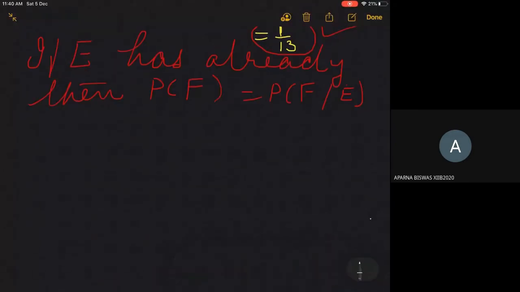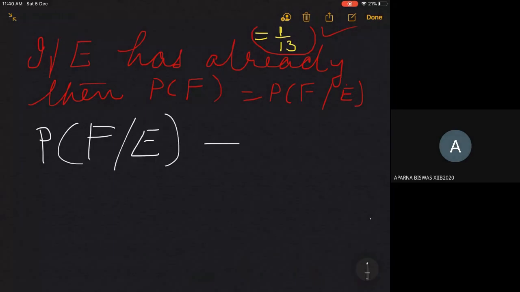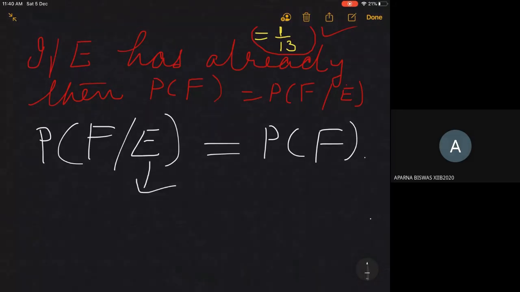So P of F given E is the same as P of F. That is, if E happens or doesn't happen, the probability of F is not changing. The probability of F does not change on the occurrence or non-occurrence of E. In that case, we say that E and F are independent events.